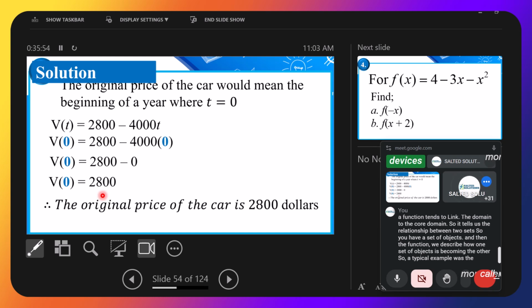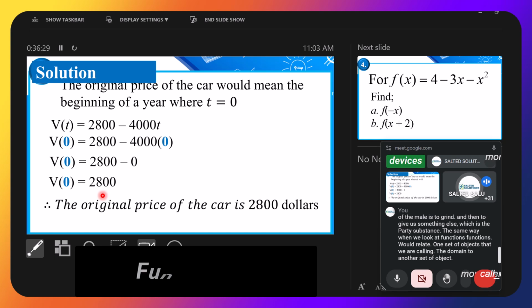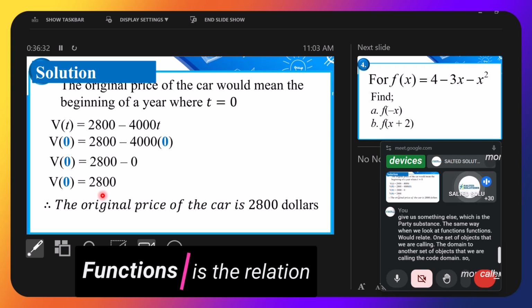We put in maize or corn, and the mill does grinding. The function of the mill is to grind and give us something out, which is the powdery substance. The same way, functions relate one set of objects that we call the domain to another set of objects that we call the codomain. So the function is describing how the whole thing is happening.